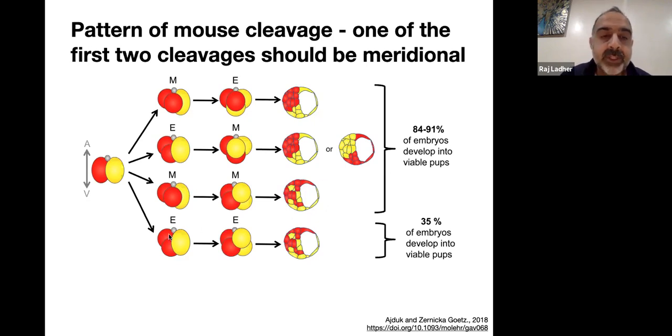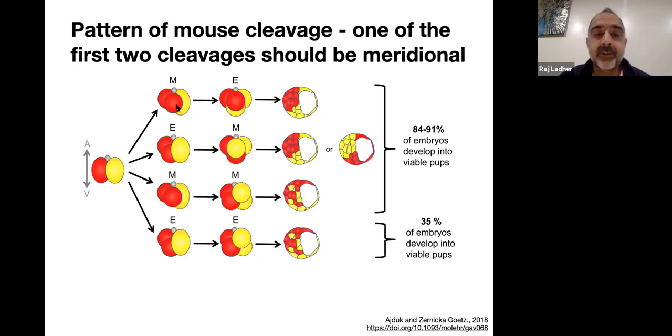But when there's two equatorial cleavages, then viability of the resulting embryo is much reduced. And so again, what these cytoplasmic determinants are within the mouse, and presumably the human as well, that are being inherited by these cleavages is unclear.